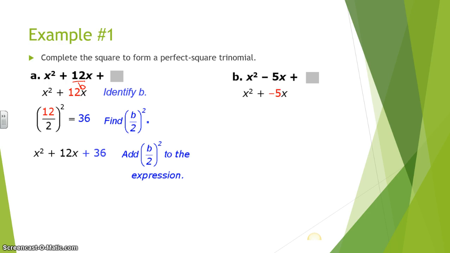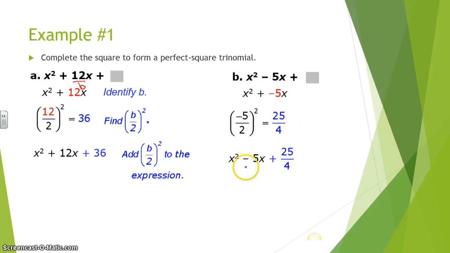For the next one, we need to, again, identify our b. So it's now going to be negative 5. Then we're going to find our b divided by 2 squared. So it's going to be negative 5 divided by 2, square that, which is going to be 25 over 4. We then add that to the expression. It can't be simplified any further.